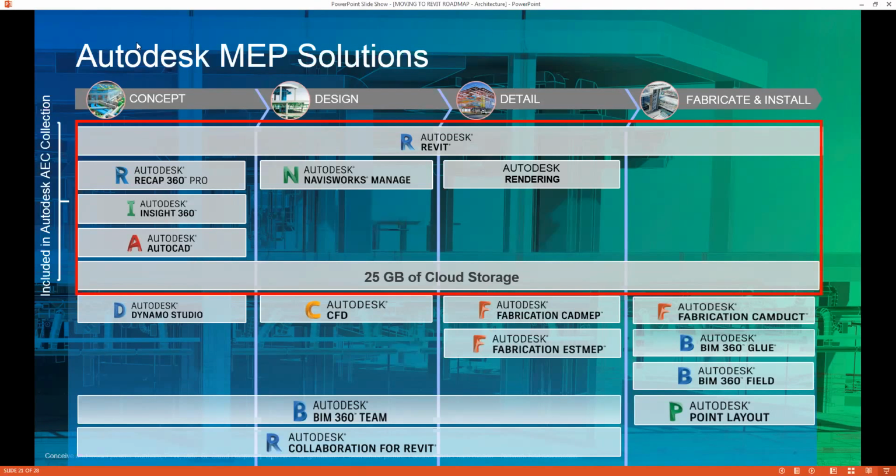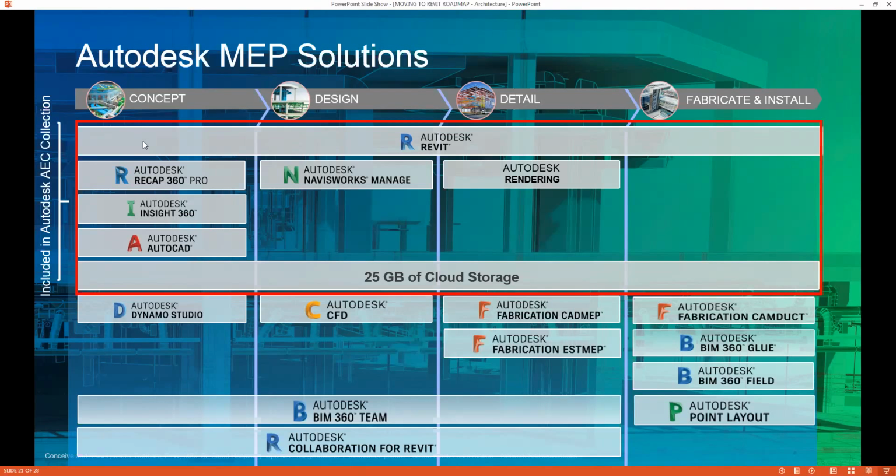So for the concept stage, the MEP engineers would use Autodesk Revit, because what they're going to get from the architect would be a BIM file, a Revit file.